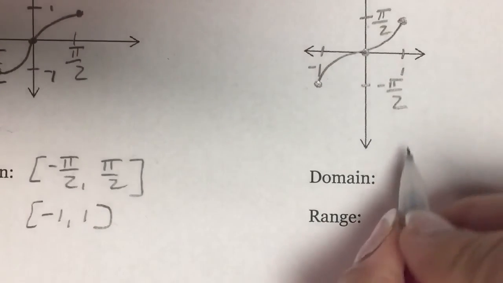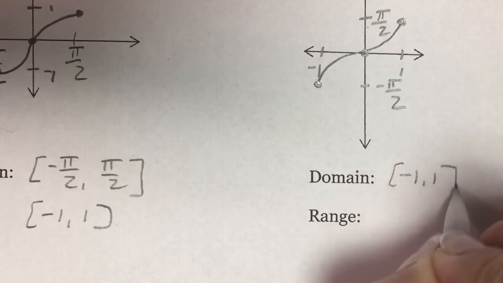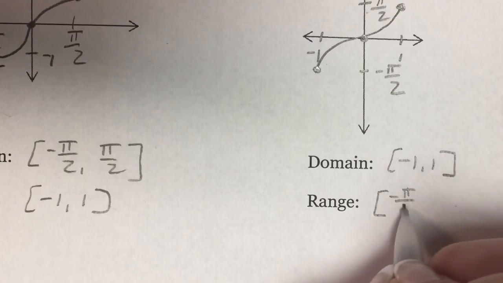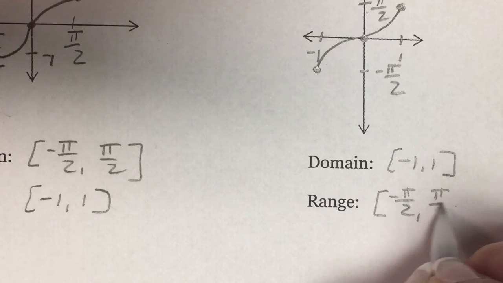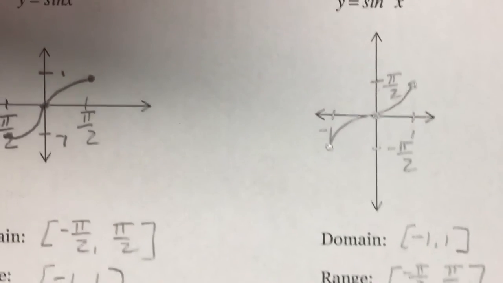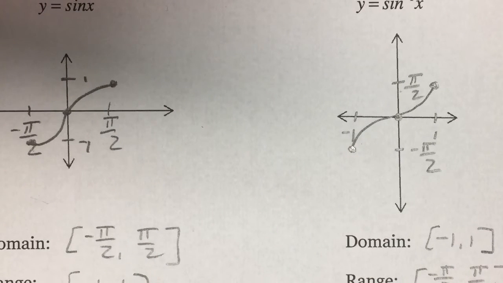So you can see that the domain is from negative 1 to positive 1, and the range is from negative pi halves to positive pi halves, which should make sense because remember, all that happens with our inverse functions is the domain and the range flip.